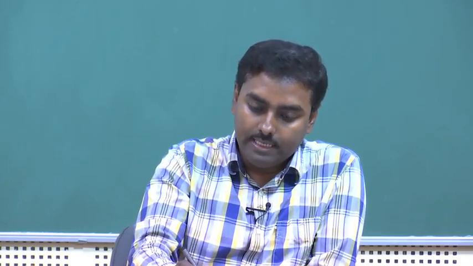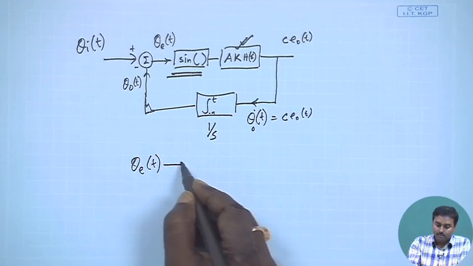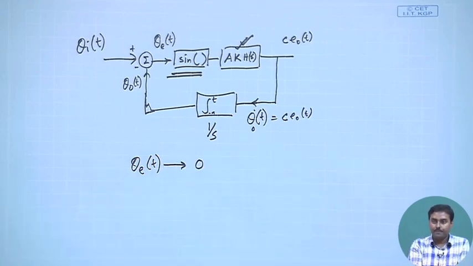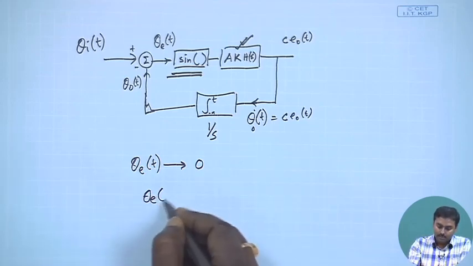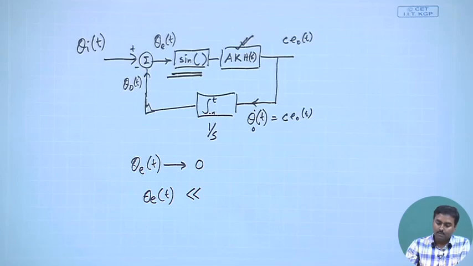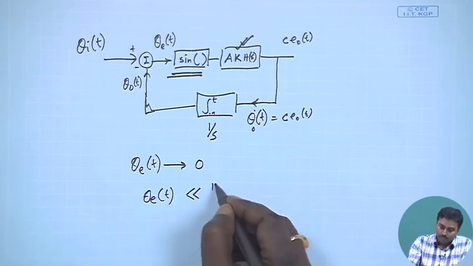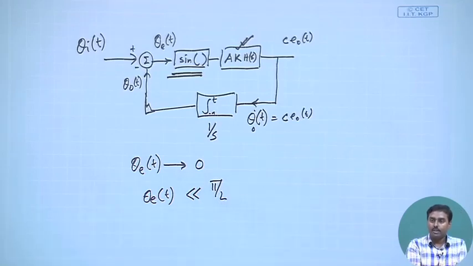Okay. So, this small assumption I will take, and immediately we can say this theta E t is very close to 0, or it is very small. We can write that theta E t is much less than pi by 2. So, basically the error in phase is much smaller.